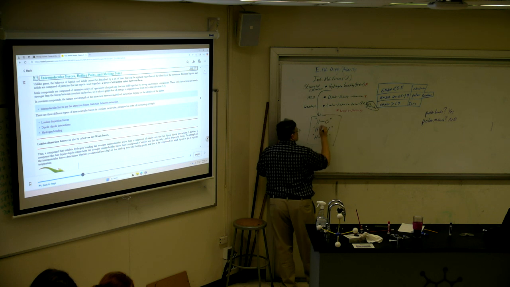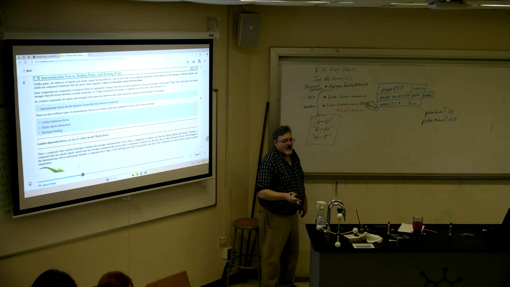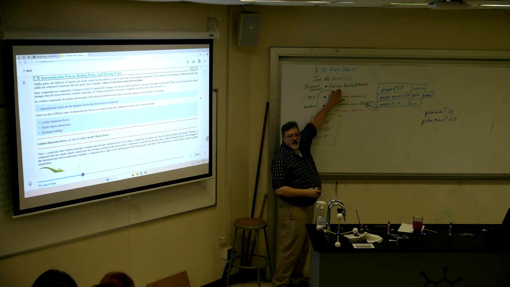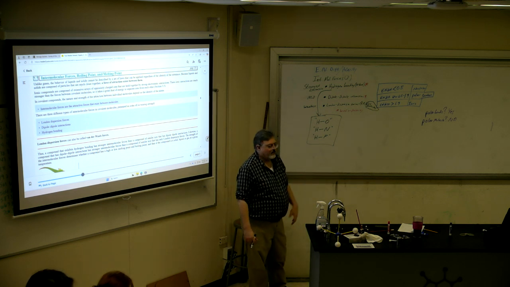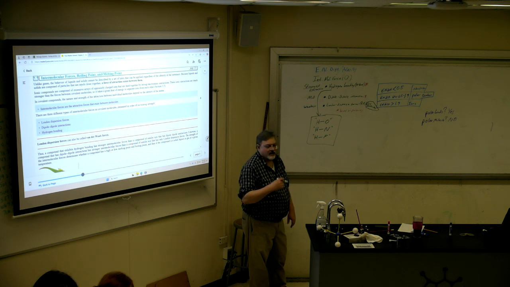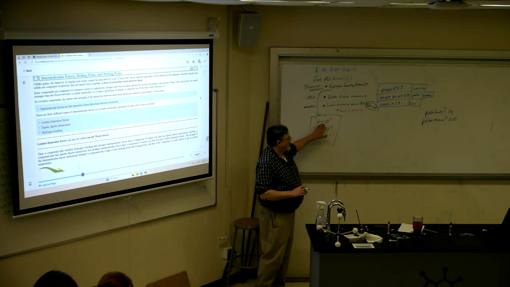If you see those in a molecule, then that molecule has these very, very strong attractions to each other. And you would predict accordingly. It's going to have a much higher boiling point than otherwise, much higher melting point than otherwise. Think water.